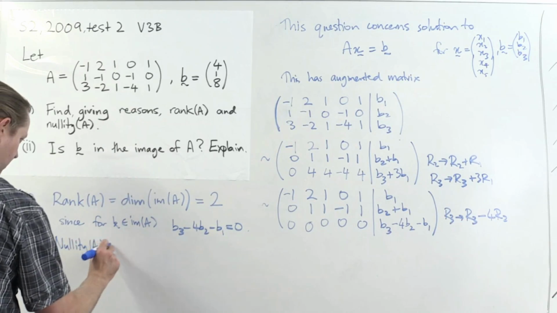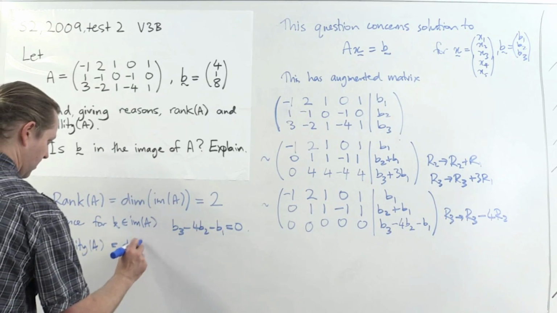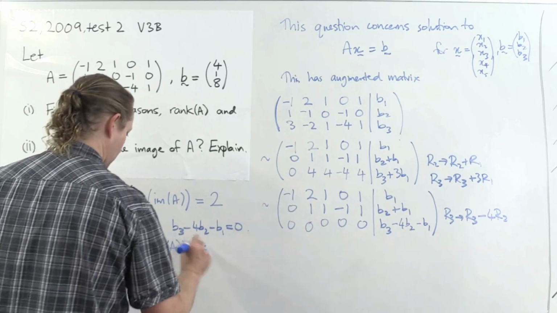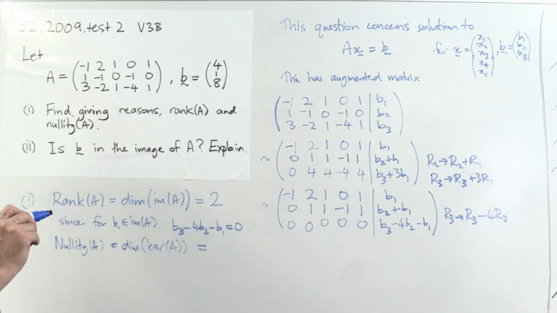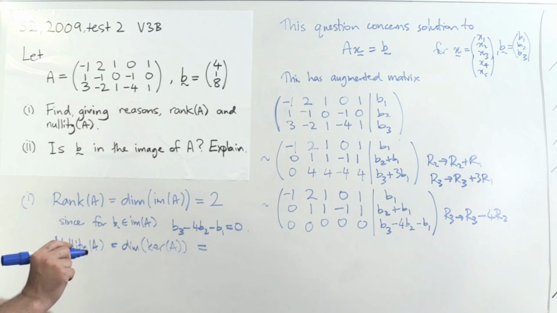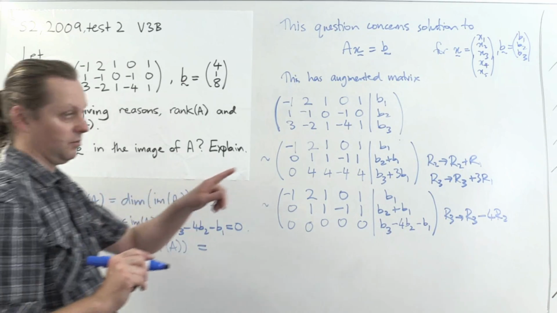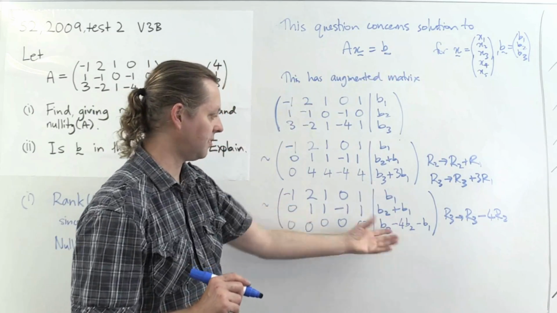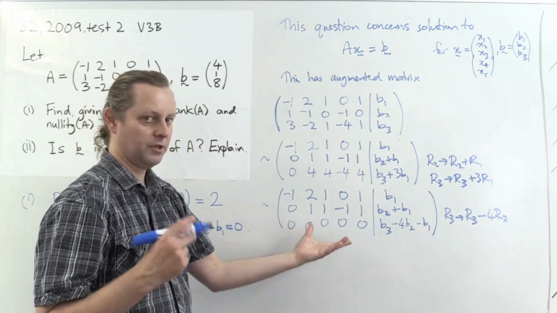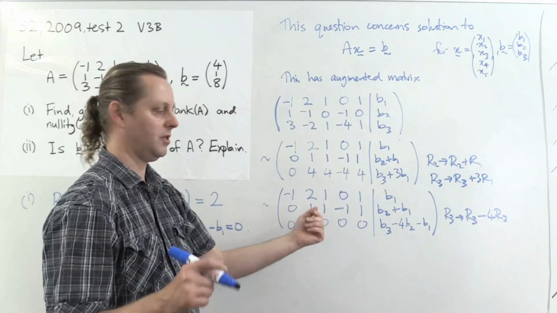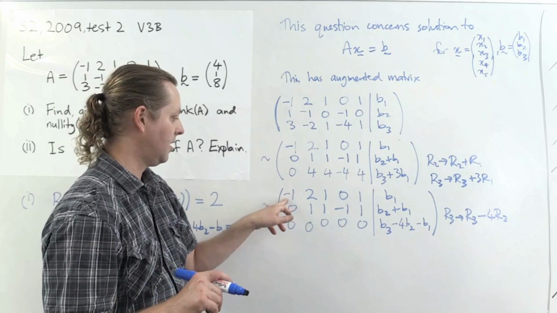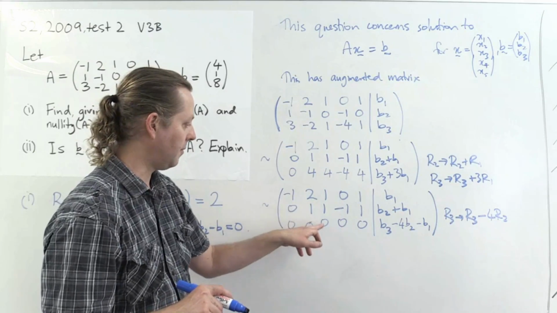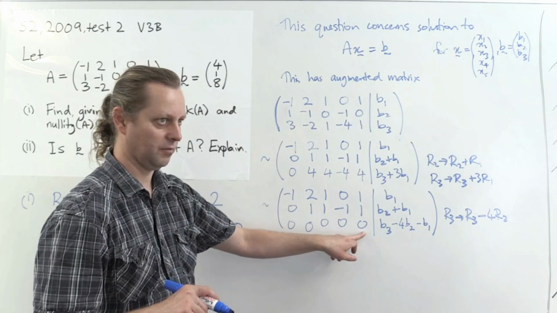Okay, so the nullity of A equals the dimension of the kernel of A, and the kernel of A is the set of solutions to Ax equals 0. So that's when b equals 0. When b equals 0, this is consistent, and we're just interested to know how many parameters we need to introduce to write down the solution. Now there's 2 leading columns here, and 3 non-leading columns.